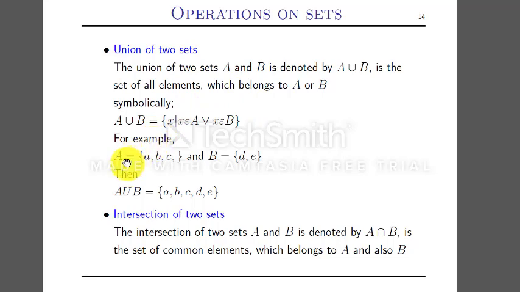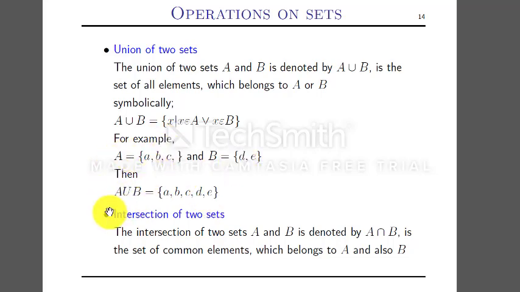There is an example. A is equal to {a, b, c}, B is equal to {d, e}. One can obtain A union B. In A union B, we merge the three elements of the first set and two elements of the second set. So we can write it as {a, b, c, d, e}.